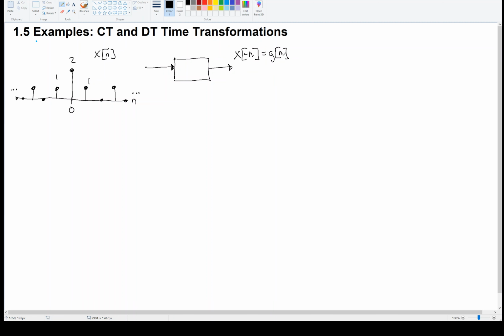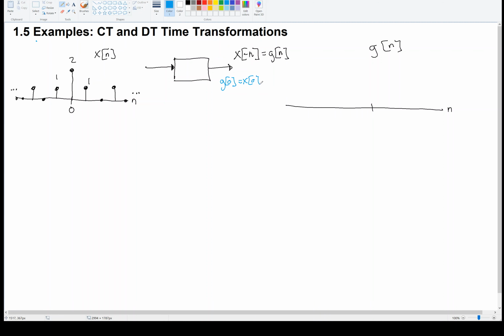Draw g of n that is a flipped version of x of n. So notice here something interesting. I'm going to draw g of n. If I want to know g of 0, so I plug in 0 for n, well, x of 0.